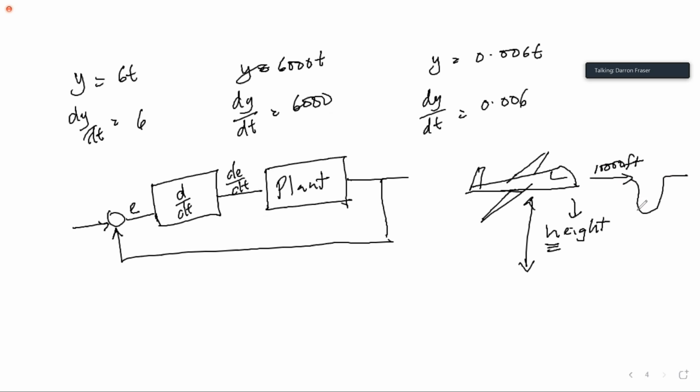And it starts to drop. Now, this dramatic drop, let us say that it is 6,000 t. The rate at which it is falling is 6,000 t. Right? So y is equal to 6,000 t, the rate at which it is falling. Well, let us put the minus in there because it's decreasing.